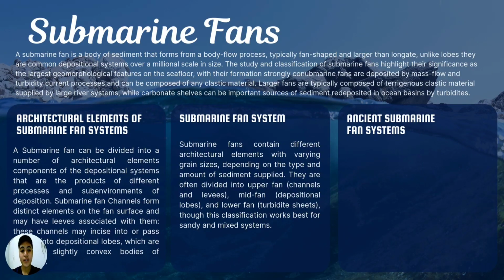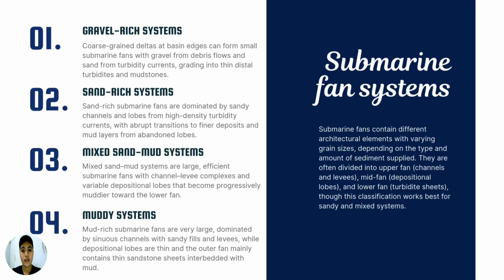Next is the submarine fan system, which is made up of channels, lobes, and sediment layers that vary in grain size. There are types of submarine fan systems. Submarine fans can have different mixes of sediment.